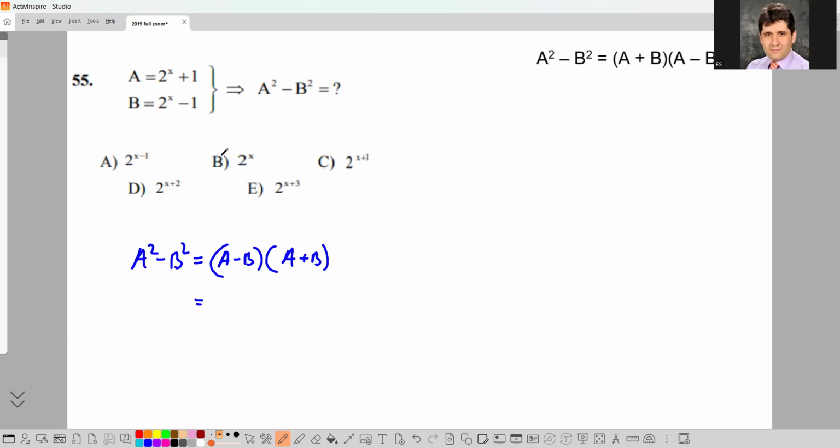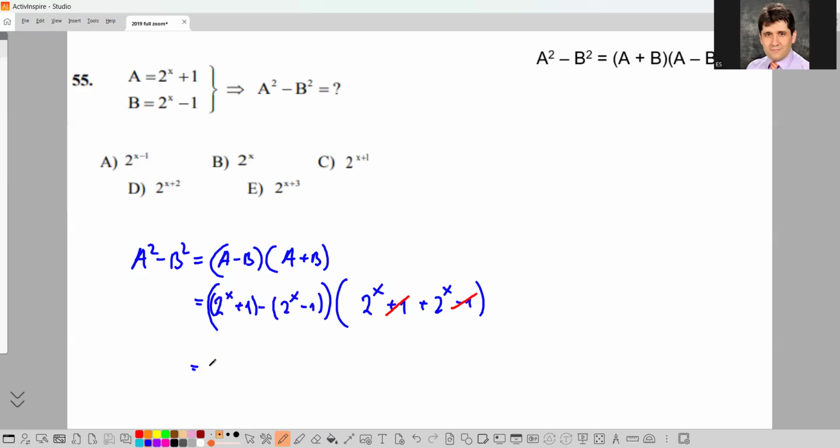Now, using the substitutions here, you get 2 to the power x plus 1 minus b, which is 2 to the power x minus 1. This is the first part. And then the second part, 2 to the power x plus 1 plus 2 to the power x minus 1.